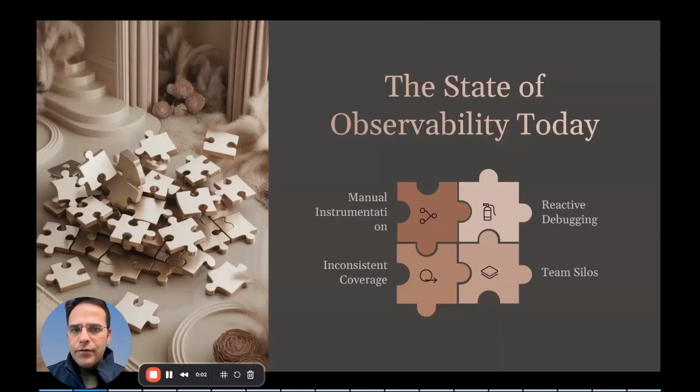Before we dive in, let's understand the state of observability today, which means understanding the problem statement, what we are trying to solve, and the pain points in the industry and in various organizations today. As you see on the screen, the majority of the state of observability today lies between these four blocks. Various organizations have purchased and licensed many different observability tools, starting from Datadog, New Relic, Prometheus, Grafana, and many others.